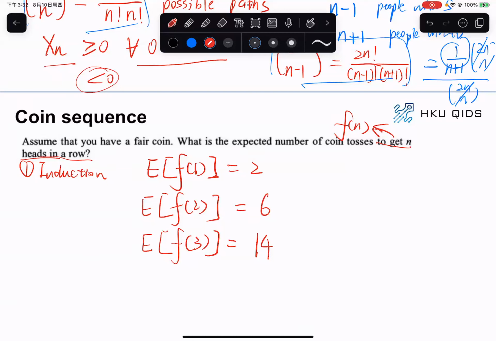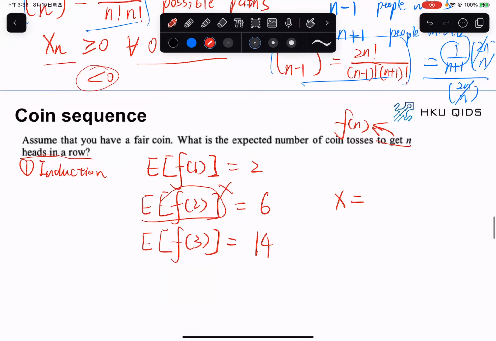How can we solve this out? Let's denote this as x, using this as an example. So x is going to be EF2. So we can have EF1 multiplied by 1/2 plus (1 plus 1/2 x), right?